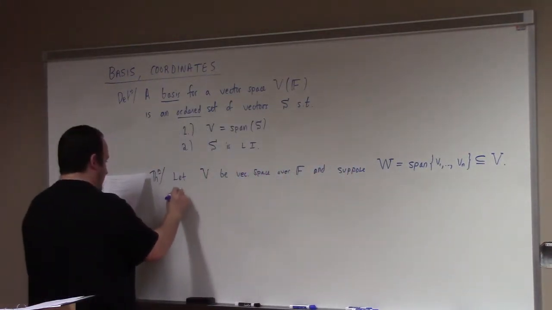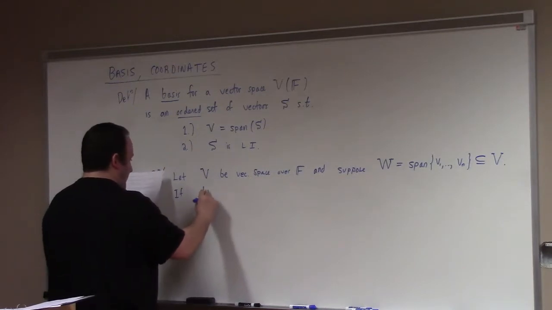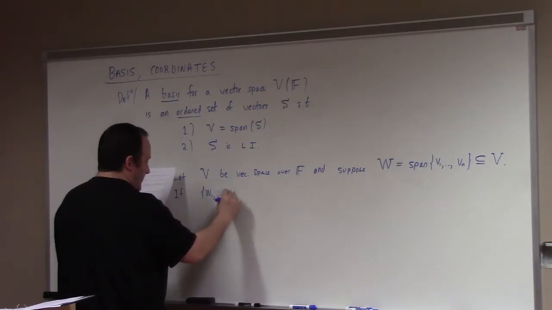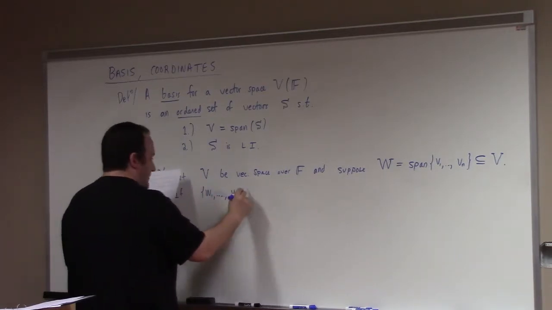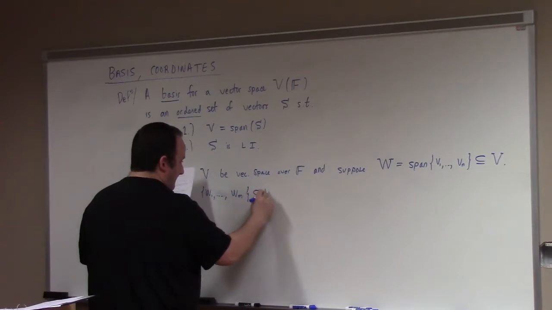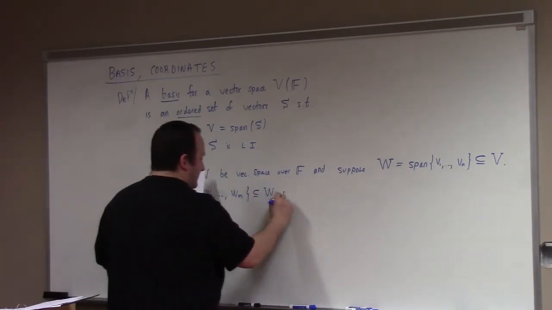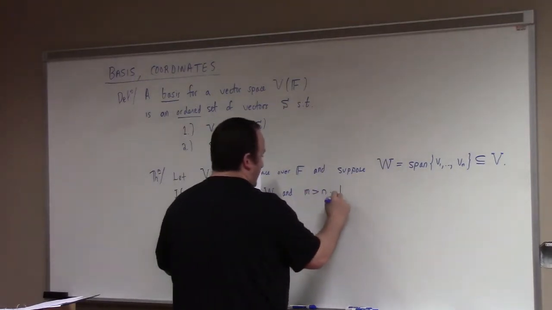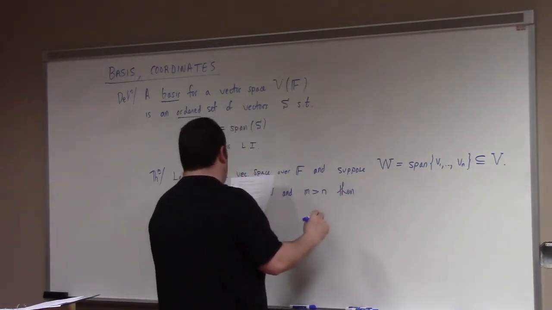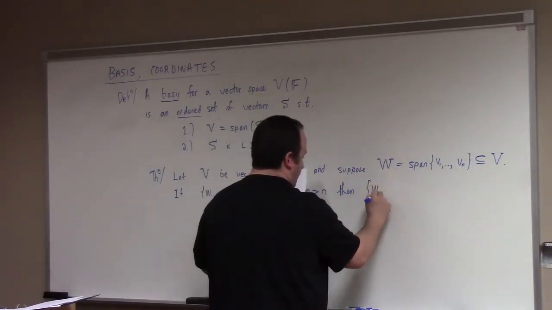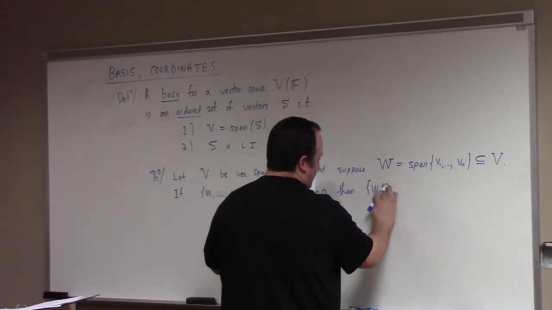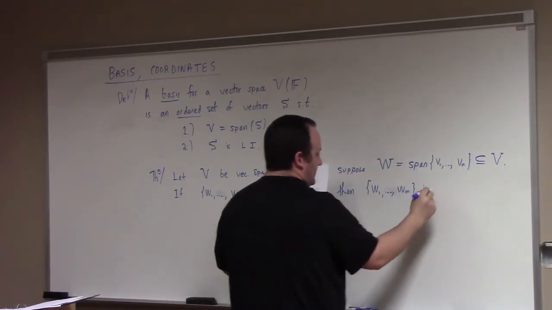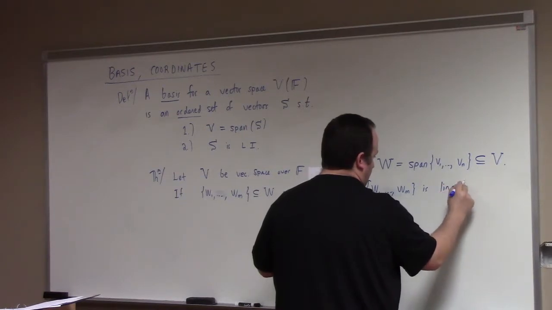If we have W1 through Wm a subset of W, and m is greater than n, then the set W1 through Wm is linearly fill in the blank.